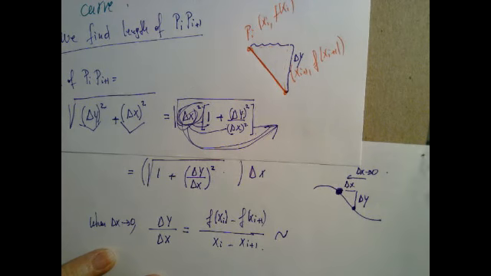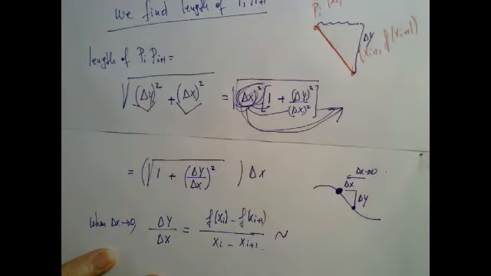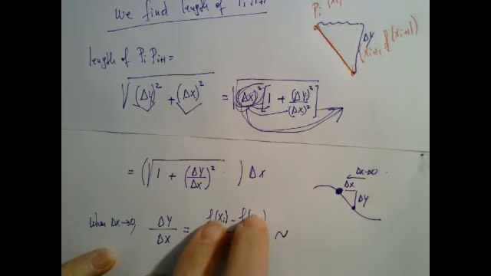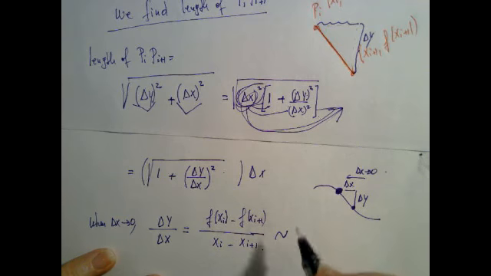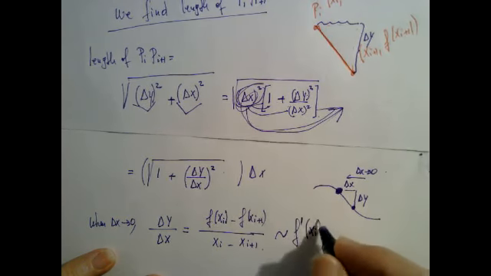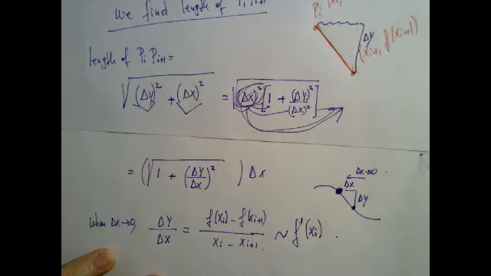The heart of 163. The most important idea of 163. That's the derivative. Exactly. The change in y over change in x. When the change in x becomes very small, this is nothing more than the derivative at xi.